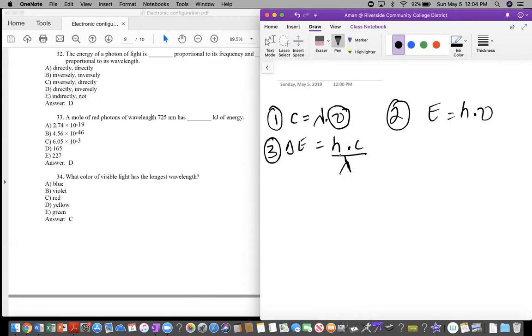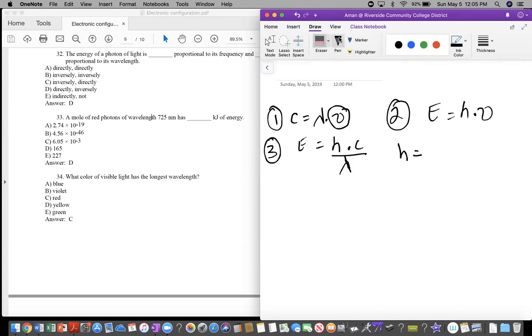Because the second doesn't have lambda in it, we'll have to use the third one because this has lambda. Now, c is a constant, h is a constant, so you won't be given those in the question; you'll find them on the reference page. I'm confused because I don't see any initial, so it's asking for delta E? It's basically looking for E, so you can ignore that. It's not delta E, it's E.